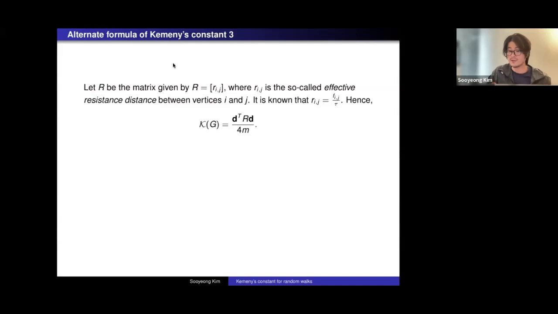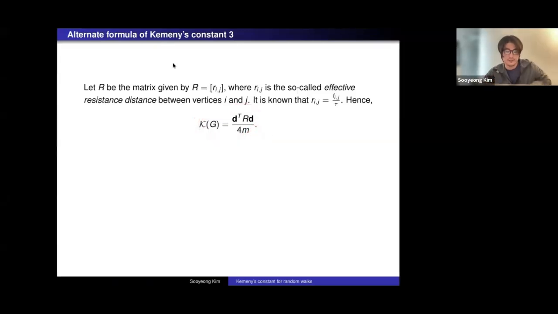And it is known that this resistance distance is related to the number of spanning trees. So by using the previous formula, we have this another formula.